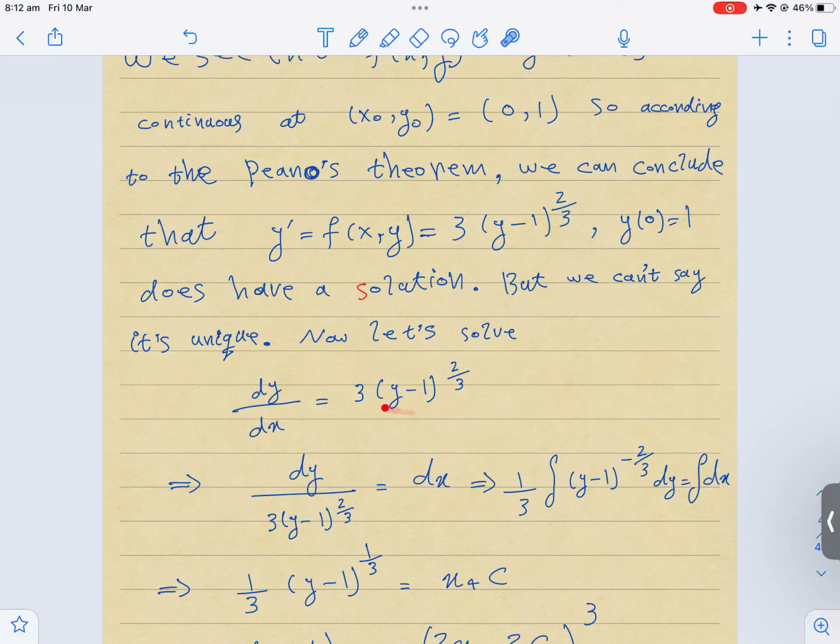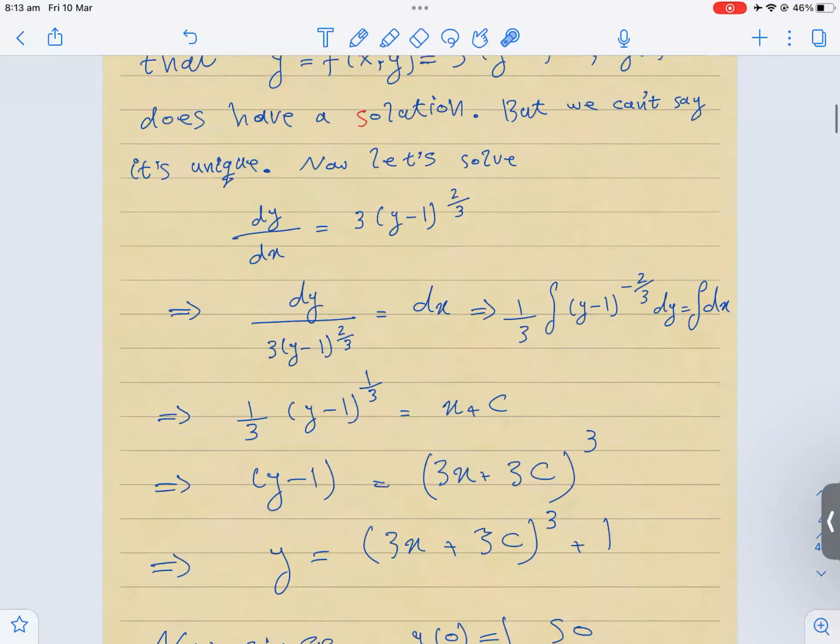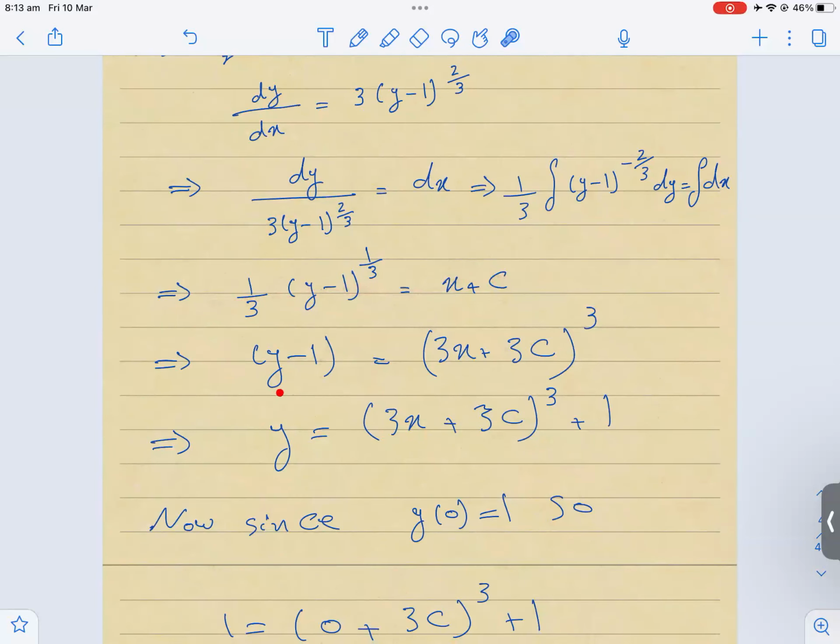So y prime equal to this one is separable, so I can integrate both sides of the equation. So I will get this one. I will multiply both sides of the ODE by 3, then raise to the power 3. So I will have y equal to this one.